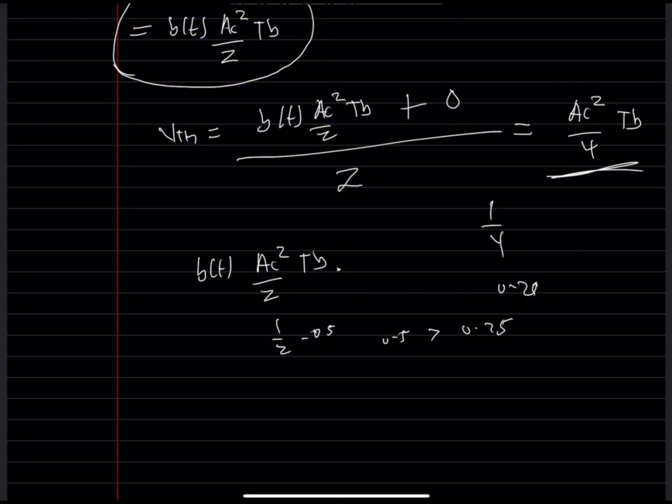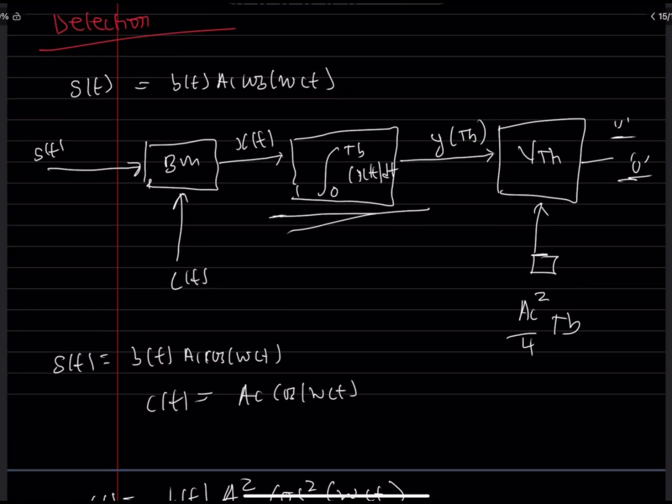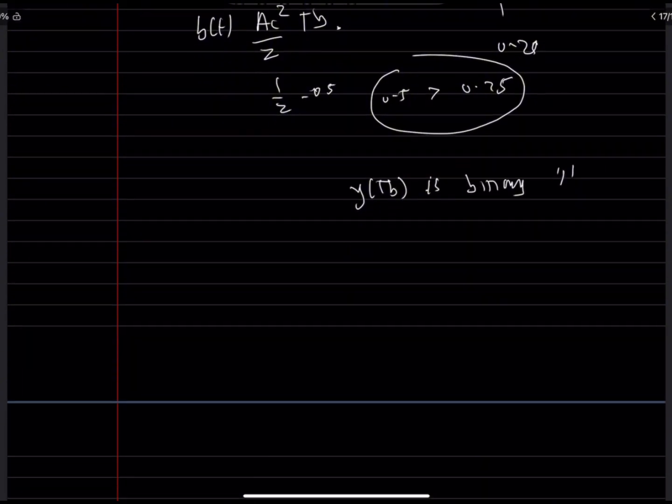In that case, we will say that whatever data is coming out from the low pass filter here, which is the integral y of tb, is binary 1. But in case it was less than V threshold, we will see that our y of tb as the output is binary 0. So this is something you have to take note of.